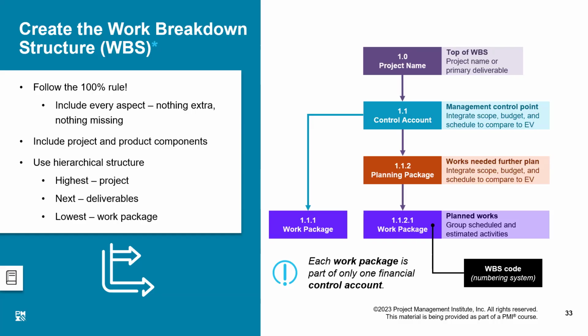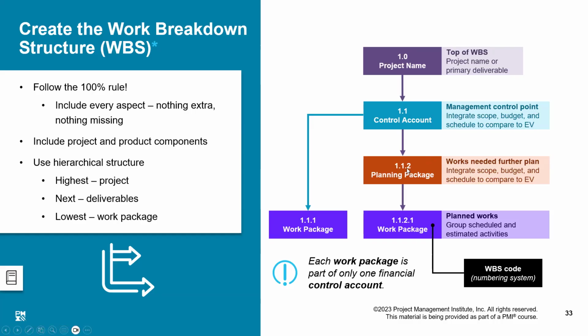But otherwise, there could be directly work packages which are conceived, which are clear. So this branch, which comes here in the 1.1.1, this is a work package which is well understood, well explained, and we have directly assigned it as a work package.